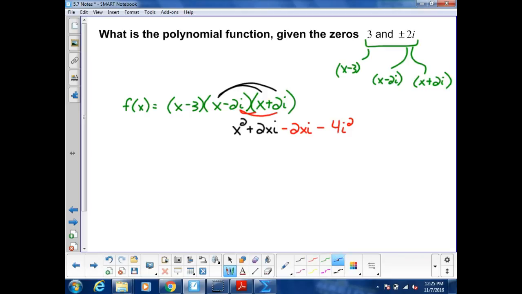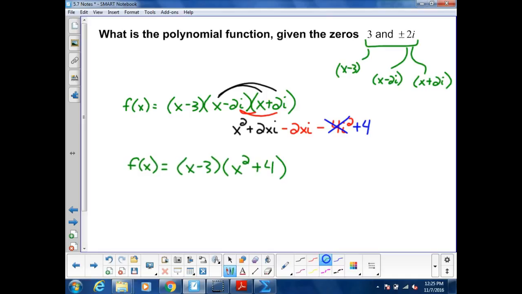I squared is negative 1. So really minus 4i squared is plus 4. Okay. And then these two cancel each other out. So that leaves me with f of x here equaling x minus 3 times x squared plus 4.